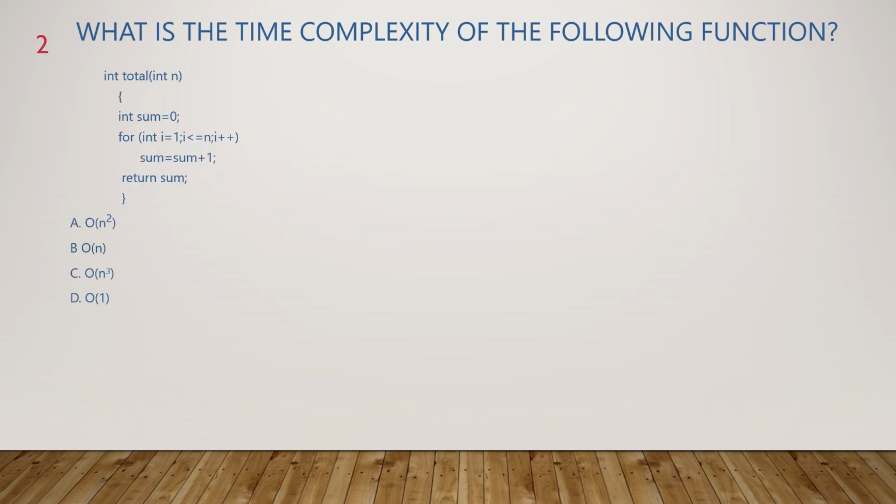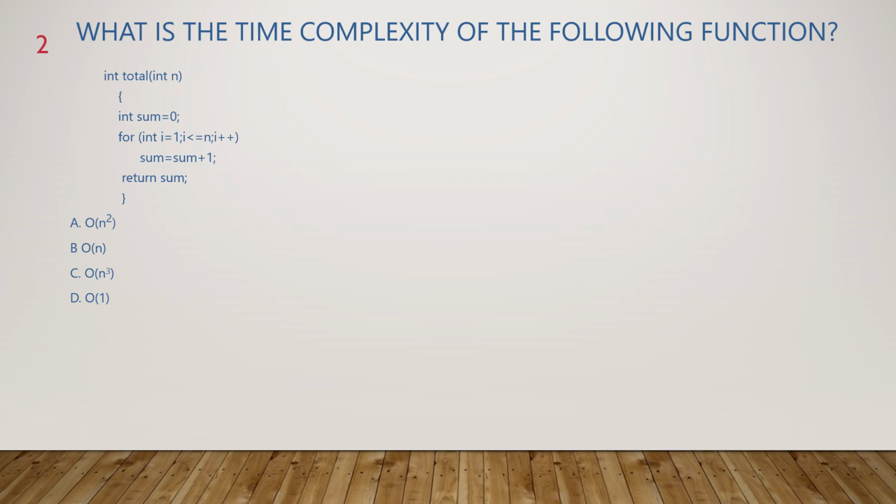Question number 2. What is the time complexity of the following function? Here, int total, int n, int sum = 0, then for (int i = 1; i <= n; i++), and then sum = sum + 1, then finally return sum.